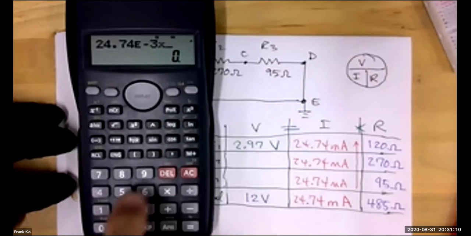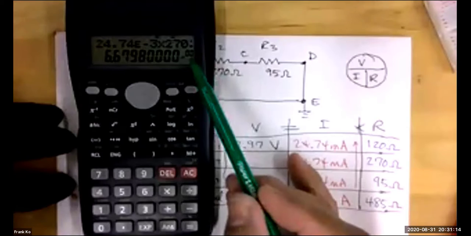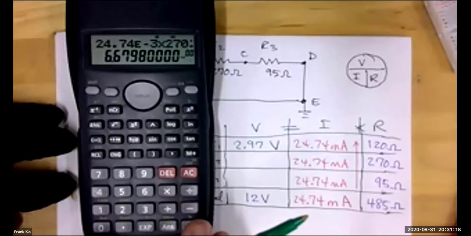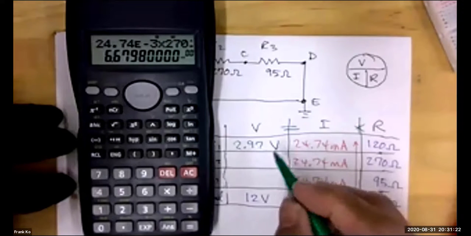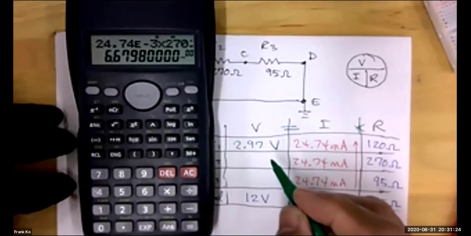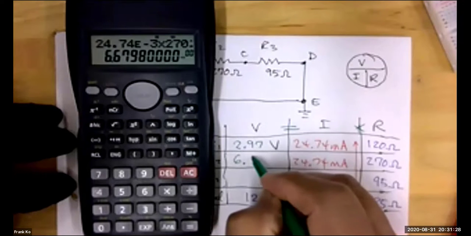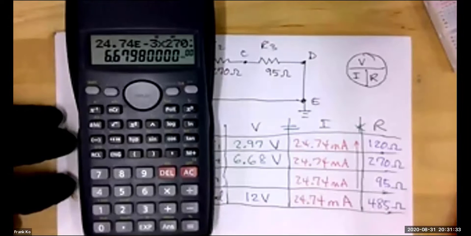I'm going to multiply this by 270. Enter. I don't have to hit engineering because this is 00 on the end. How do I round this particular one, Sarah? You just write it out, 6.68.